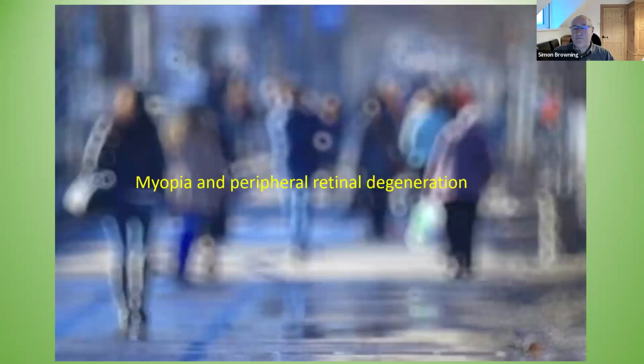Now, I'm going to interrupt lattice degeneration at this stage to look at the whole thing of myopia and peripheral retinal degenerations. And I just want to look at the chat at this stage and just see what anybody has put in here. So I'm very pleased.